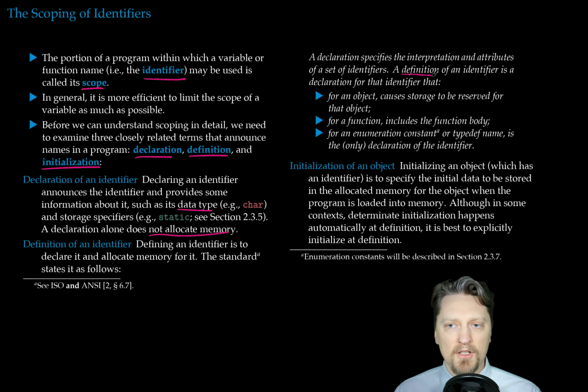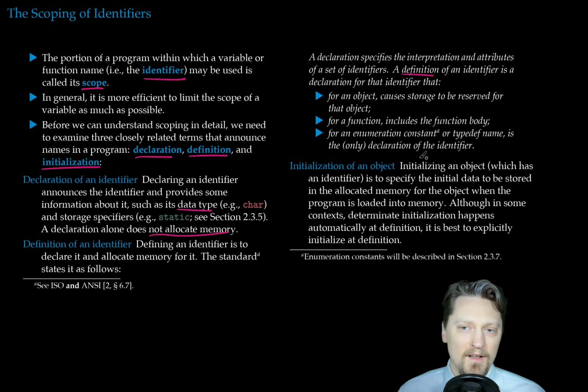A definition of an identifier is a declaration for that identifier that, additionally, for an object, causes storage to be reserved for that object. For a function, includes the function body. For an enumeration constant, which we'll look at later, or typedef name, is the only declaration of the identifier. Okay, so that's the definition.